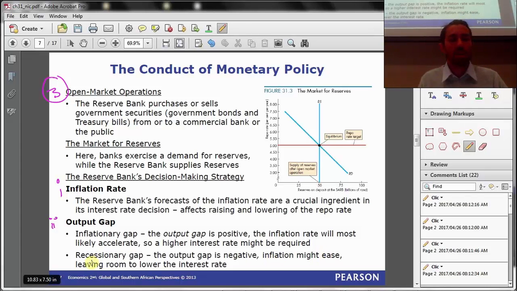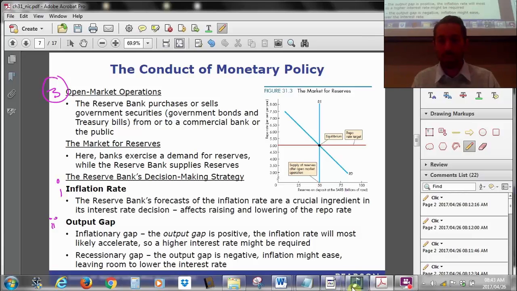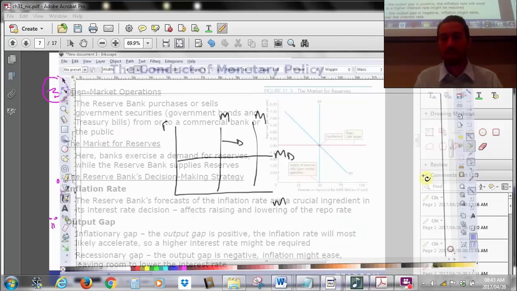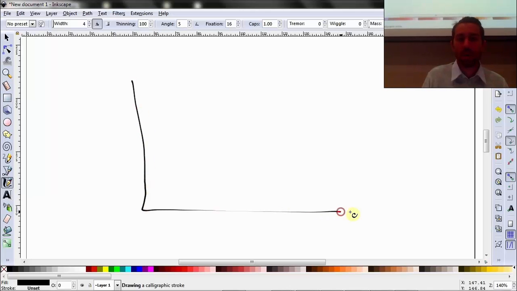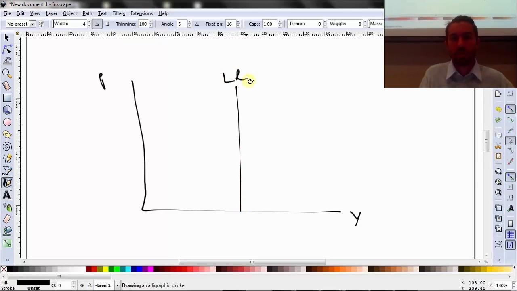But the Reserve Bank still therefore has room to lower the interest rates in order to boost aggregate demand and try and increase output. Usually if you have a recessionary gap and you increase output, you don't have inflation, because what tends to happen is, when you look at the way the economy works with output and prices, and you have some level here being the long run aggregate supply, in other words, this is our potential output, right?